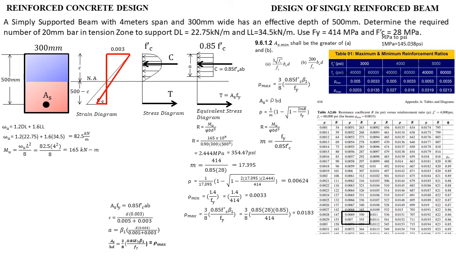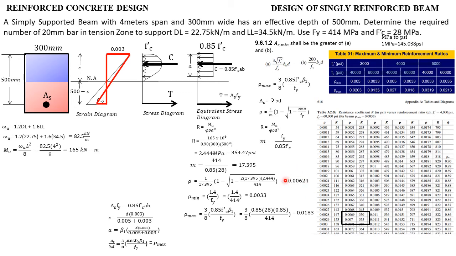Table lang from the standard na F prime C and Fy natin. So ang F prime C natin is 28, that is roughly equal to 4,000 nga. Okay, and then ang Fy natin is 414, and that is roughly equal to 6,000. So ang raw minimum niya is 0.0033 and raw maximum niya is 0.0183. So ito na yon.